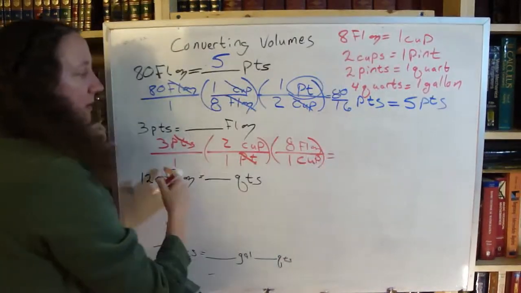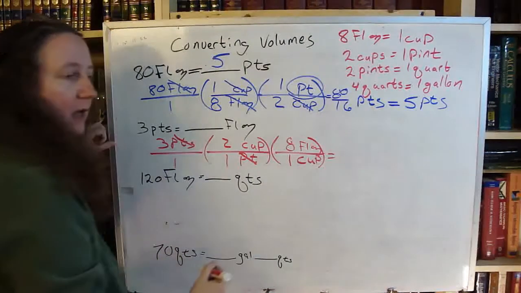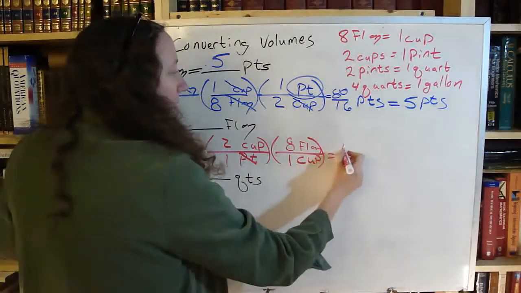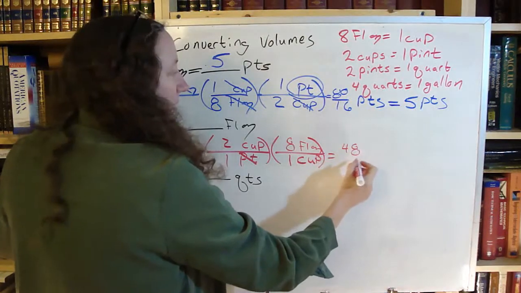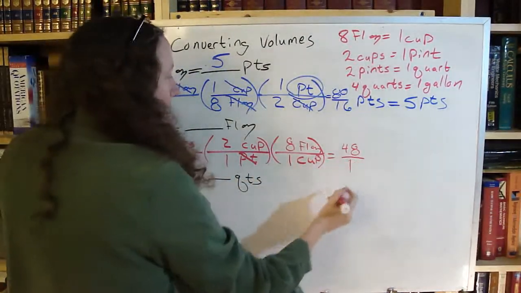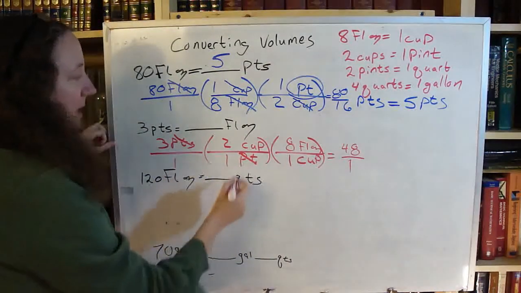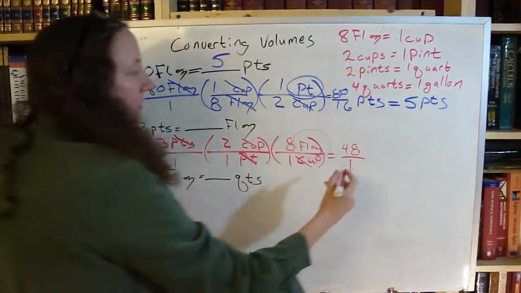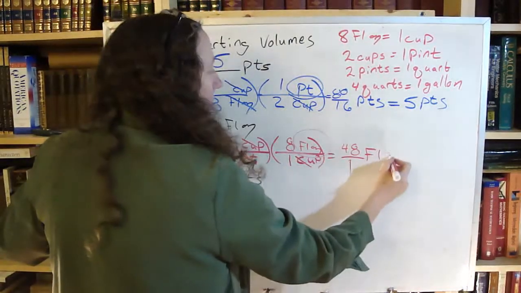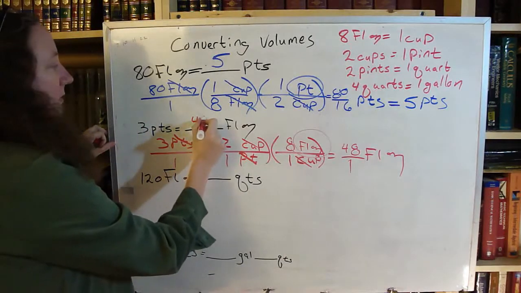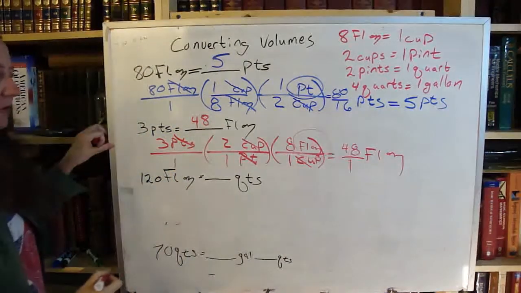Multiply the top, multiply the bottom, and get my answer at the end. So I have 48 over 1. Pints canceled pints, cups canceled cups. I have fluid ounces. So my answer is 48 fluid ounces.